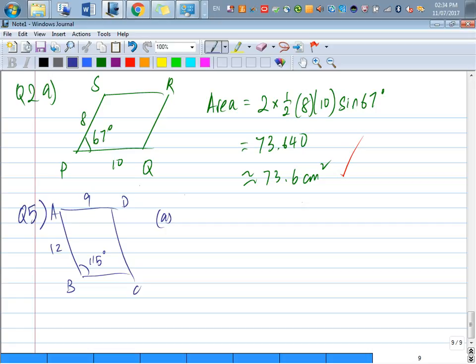How have we been finding the area of a parallelogram in question 2? We divide it into 2 congruent triangles, right? Can we do the same for this? What line should we draw? AC, okay?